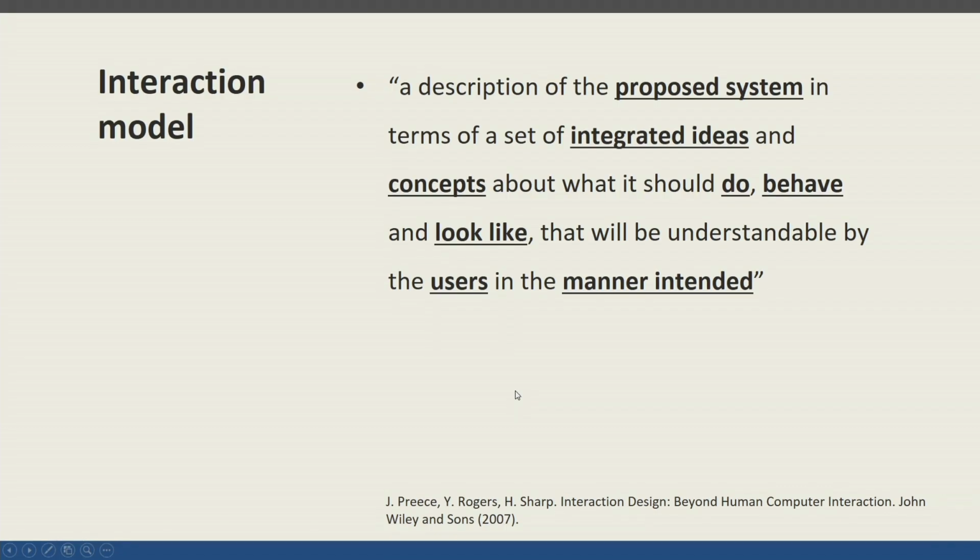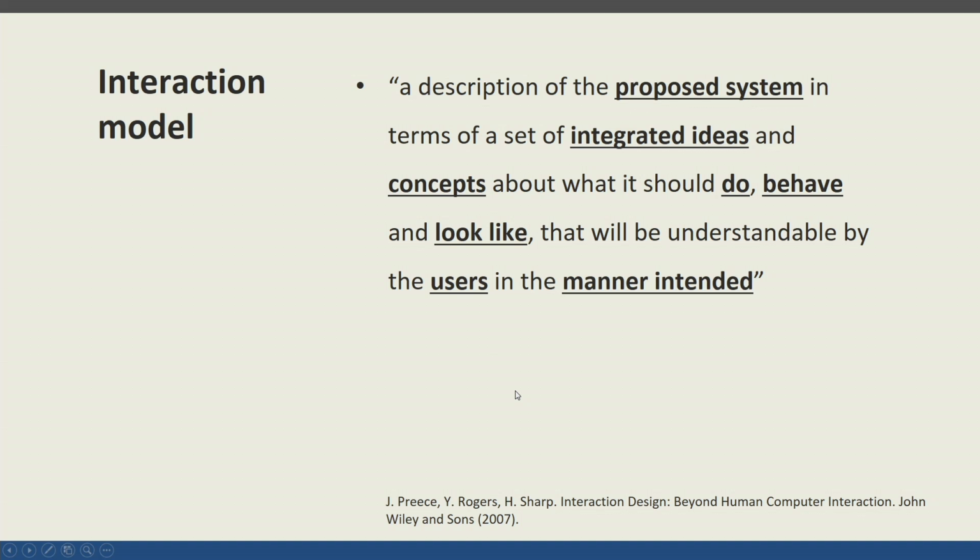Let us find a more nuanced understanding of the interaction model. It says: a description of the proposed system in terms of a set of integrated ideas and concepts about what it should do, how it should behave, and what it should look like, that will be understandable by the users in the manner intended.